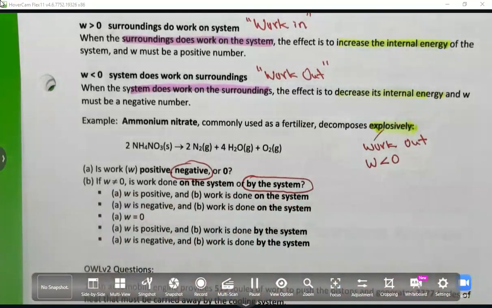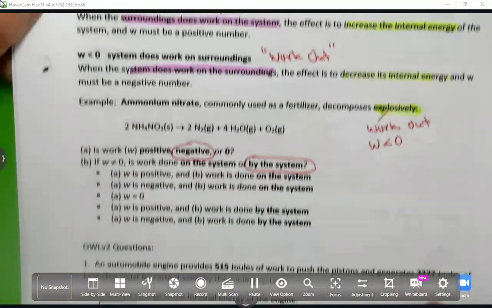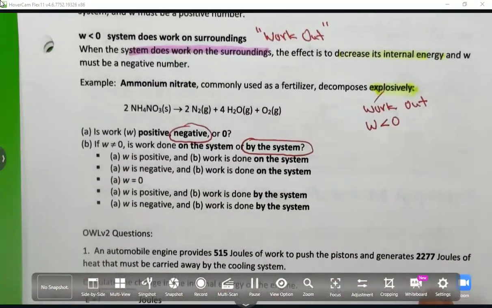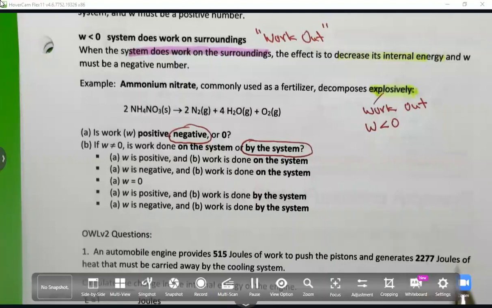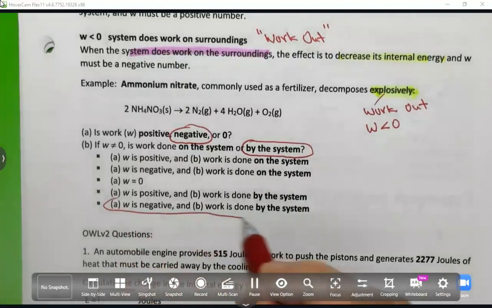The system's going to explode. Work is negative and work is done by the system.